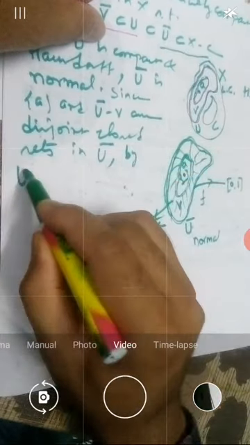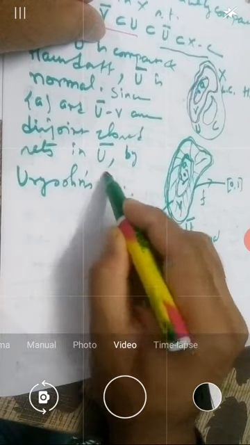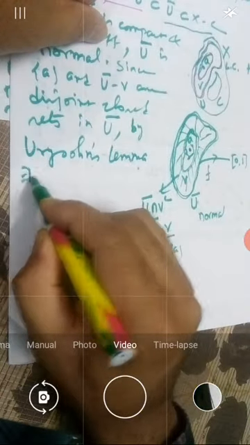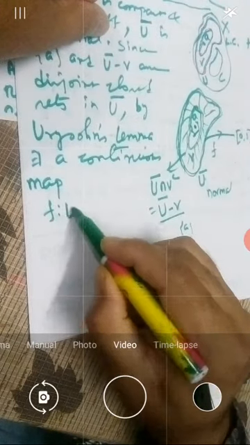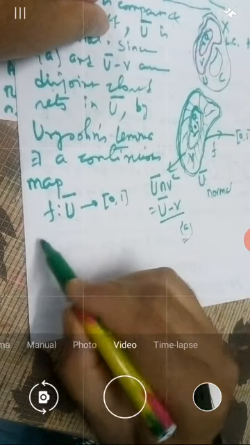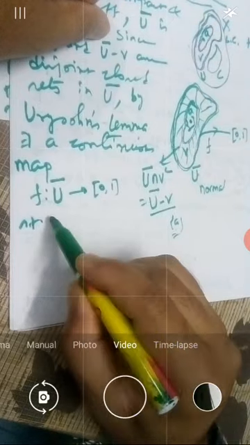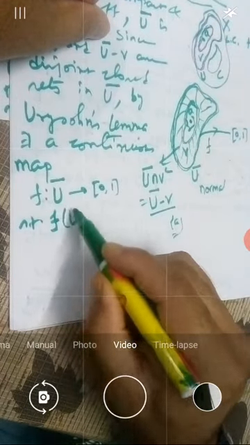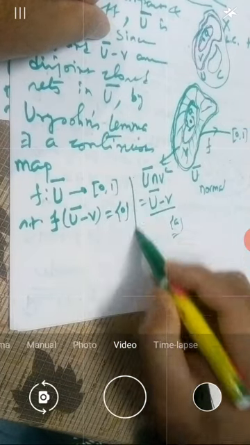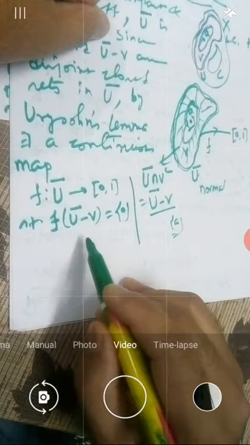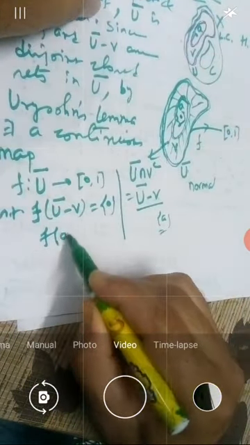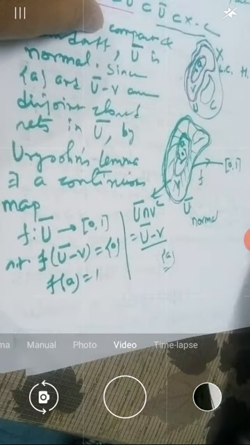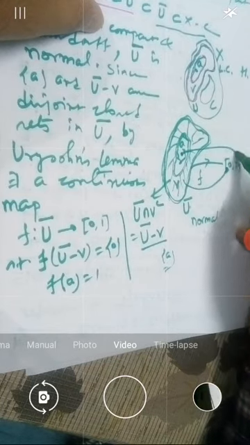So by Urysohn's lemma, there exists a continuous map, say small f, from U bar to the closed interval [0,1], such that f of U bar minus V is the singleton 0, meaning all points of U bar minus V are mapped to the point 0, and f of A is 1, as I said. This will go to 0 and this point goes to 1.